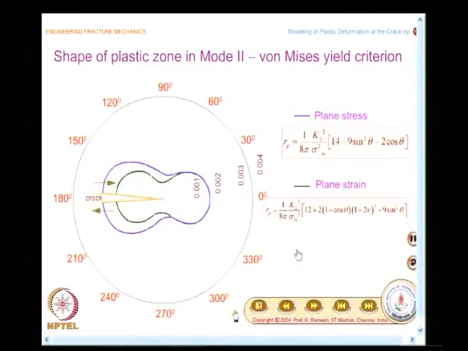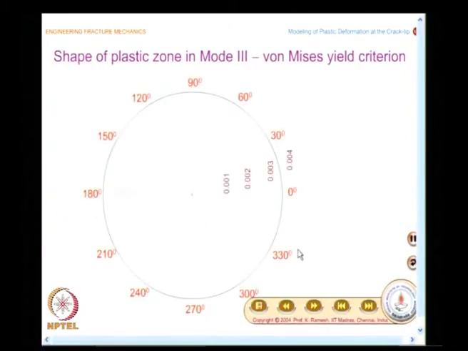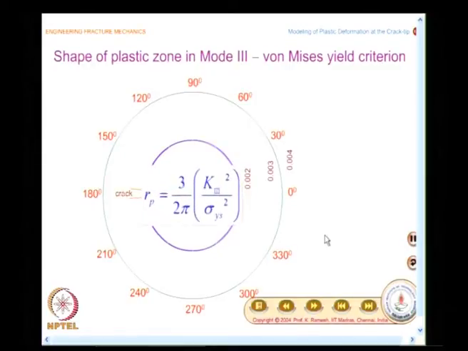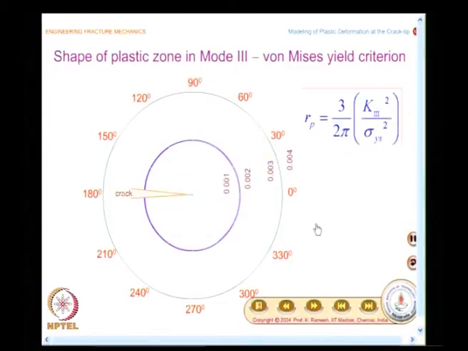Now, we will go and see what is the type of shape in mode 3. You find a very simple graph. You get Rp equal to 3 by 2 pi K3 squared divided by sigma ys squared. See, only in the case of mode 3 loading, the plastic zone shape is a circle.